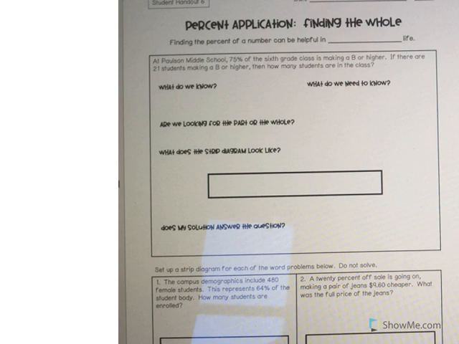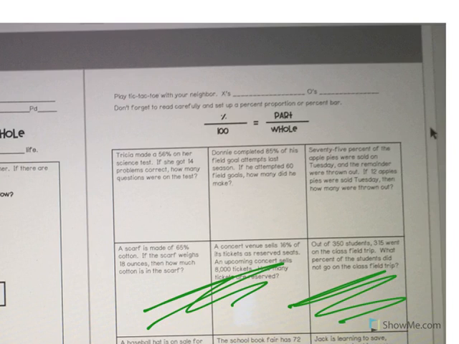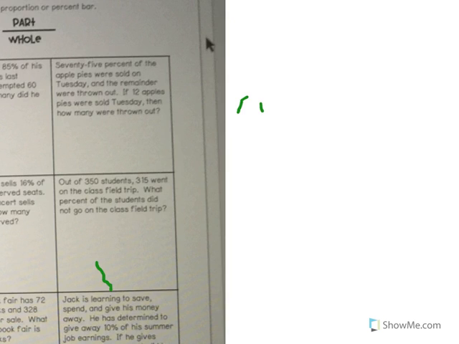Okay, I am going to be kind today, and you don't have to do 1, you don't have to do 2. I'm going to move on over. You don't have to do this tic-tac-toe, but I want you to do these boxes. Okay, let's start. I'm going to help you guys out, and I'm going to do some of these for you so you could get a nice handle on it.